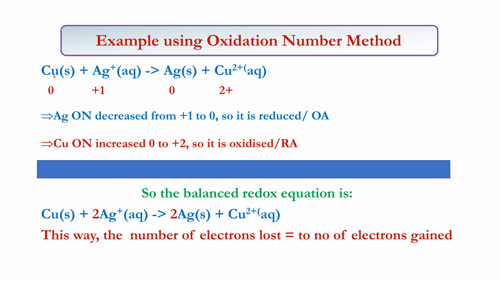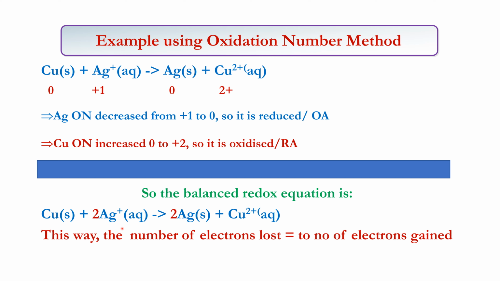This means that 2 silver ions must be reduced for each copper oxidized, because copper has 2 positive and silver has 1 positive. So the balanced equation is, you just put 2 as a coefficient for Ag+.